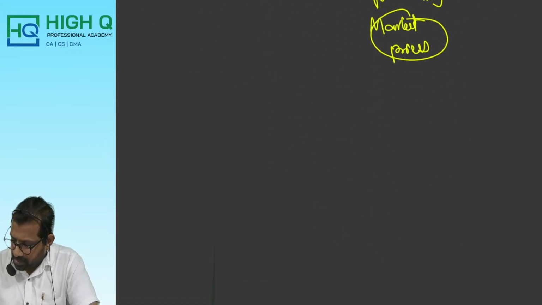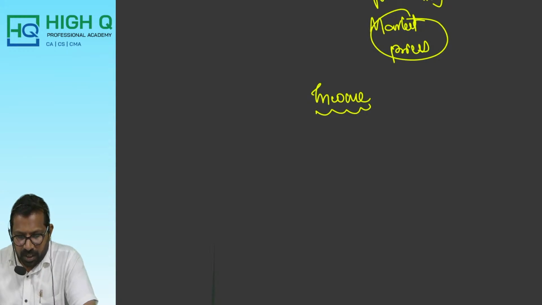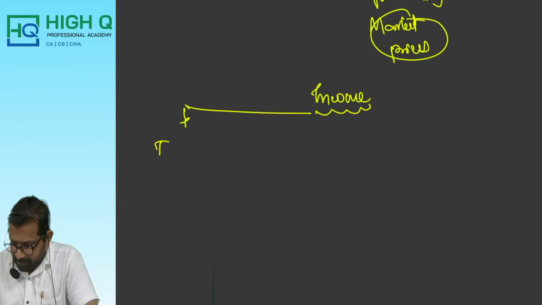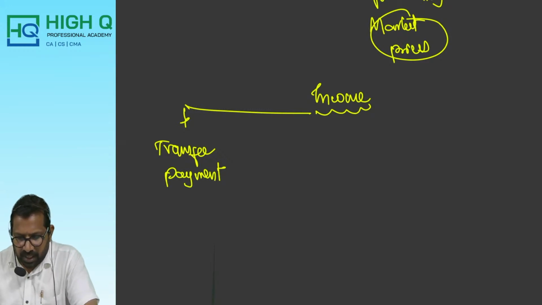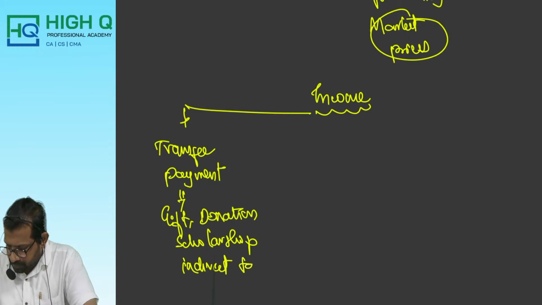Now the next most important method is the income method. What are the precautions to be taken under this income method? First precaution is transfer payments. Transfer payments: gift, donation, scholarship, indirect tax.